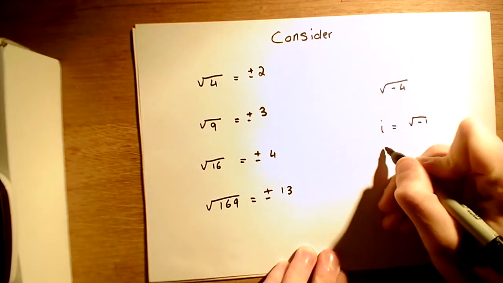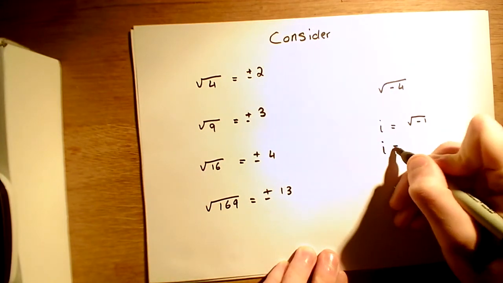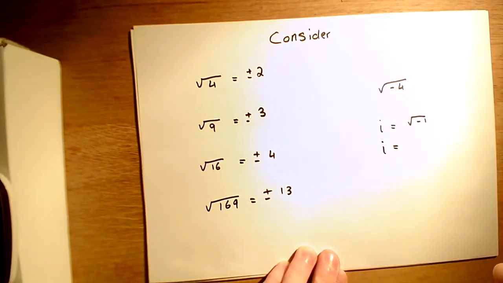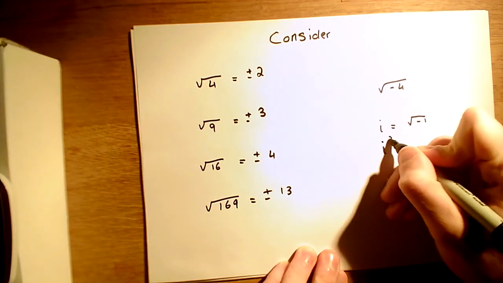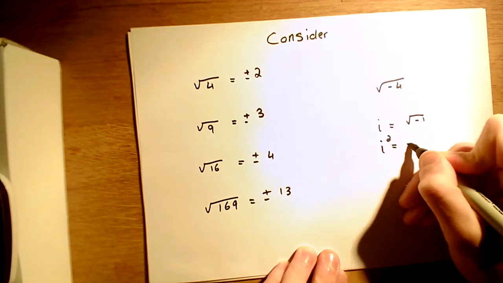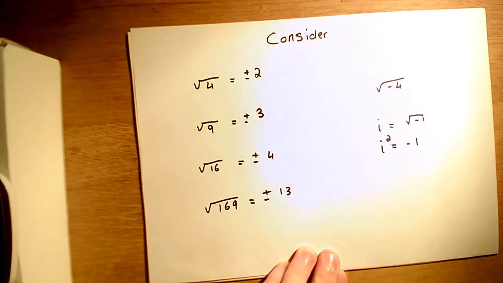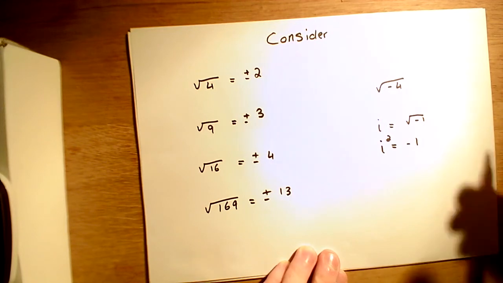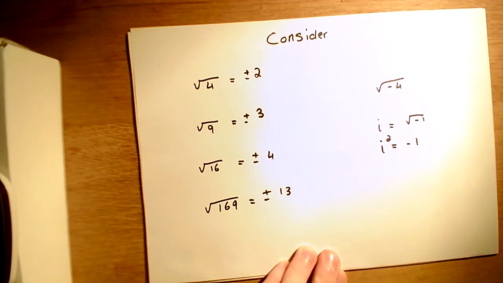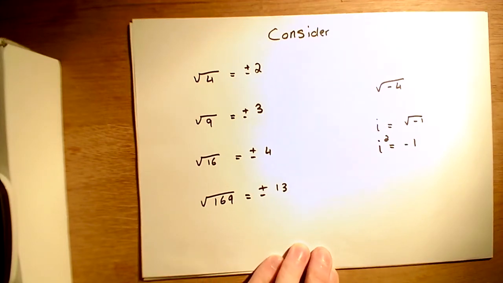Likewise, if we square both sides, since a square root and squaring are opposites, we have that i squared is equal to minus 1. So this is where this whole chapter comes from. We had these square roots of negative numbers, and we needed a way to describe and quantify them, and to answer questions based around them. So this is the whole foundation for it.